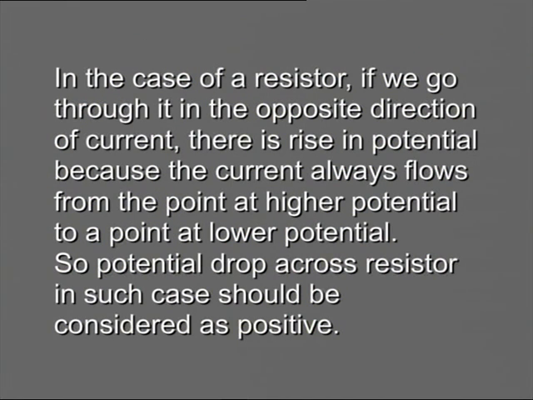If we go through it in the opposite direction of the current, there is a rise in potential. So, the potential drop across the resistor in such a case should be considered as positive.